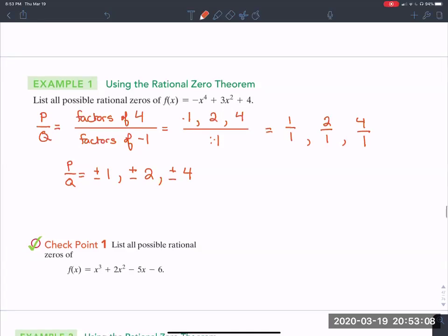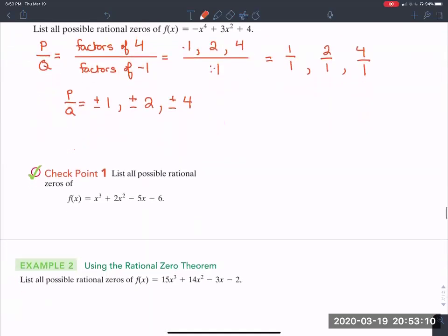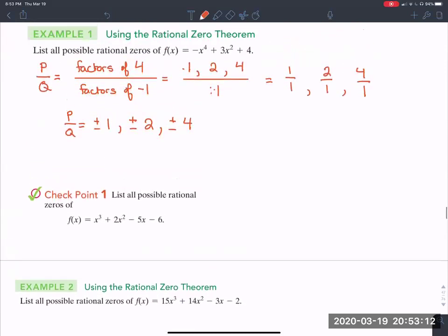Okay, so let's look at checkpoint 1. List all possible rational zeros of x cubed plus 2x squared minus 5x minus 6. So p over q: factors of the constant term, which is 6, over factors of the leading coefficient, which is 1.